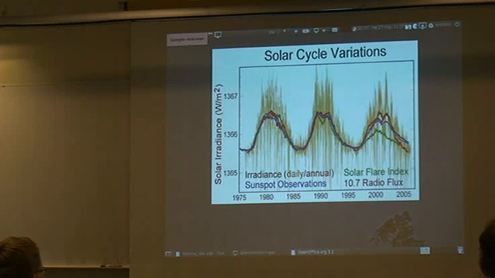And we also see that this variation here is kind of close to other more physical variables like the radio flux or solar flare index or irradiance. So even though we only have this blue line back 250 years, it's plausible to say that the blue curve tells us something about the general physical behavior of the sun.